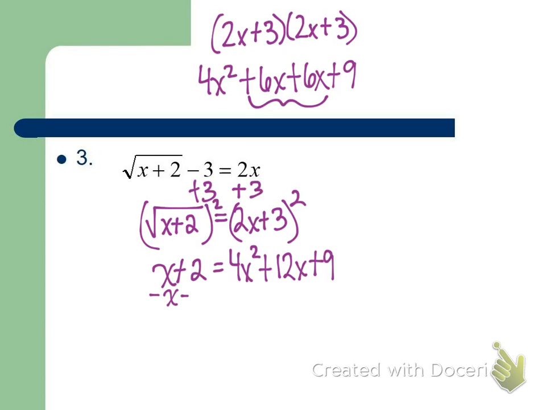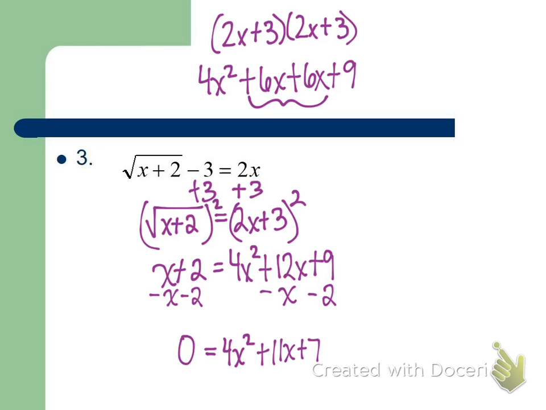Subtract 2 and subtract x. Okay. 0 equals 4x squared. What else? Plus 11x plus 7. Watch your signs.